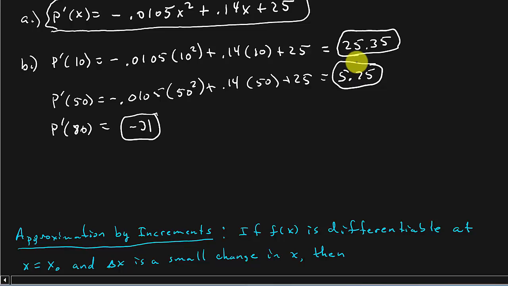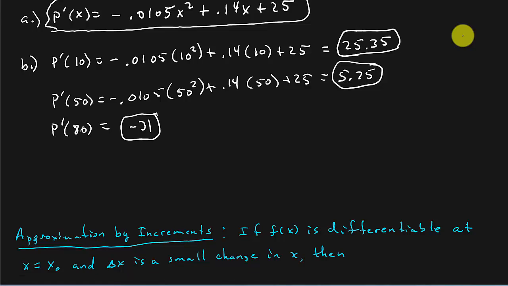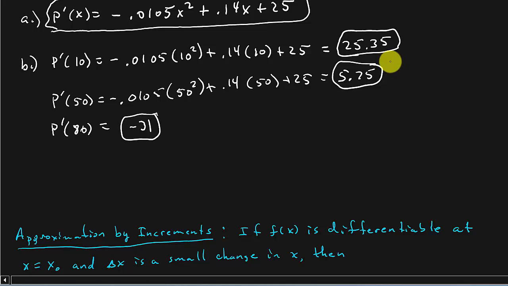And this 25.35 is 25,350. You change it because this is thousands, so you move it 3 places to the right to get the dollar amount.